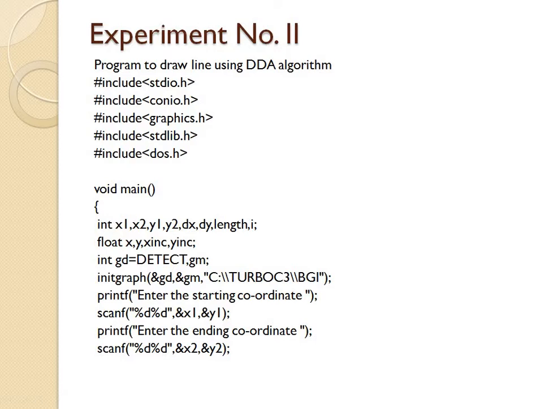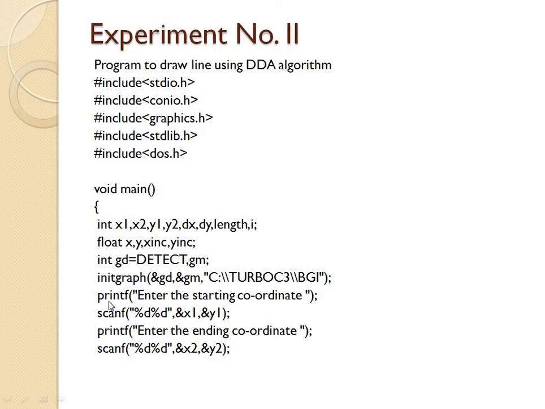By using this gd and gm, the graphics driver and graphics mode, we detect our graphics drivers. Then we initialize the graph with gd and gm, and we set the path where our BGI folder, that is the graphics folder, is stored.